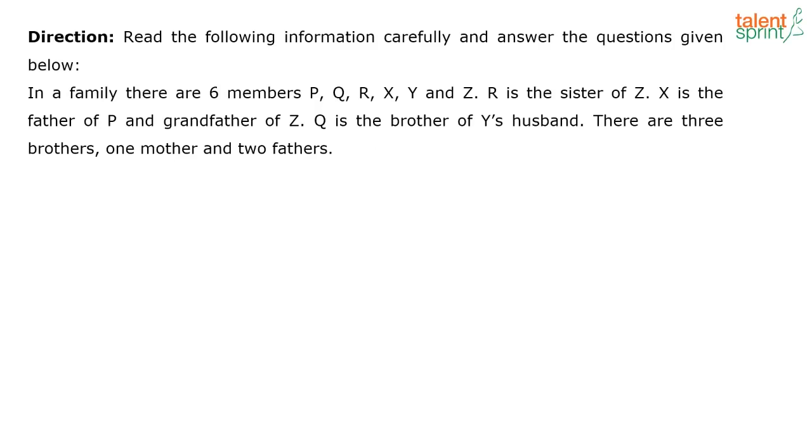What is given here? In a family of 6 members, R is the sister of Z. So R is the sister of Z. So R is a female. Then X is the father of P and grandfather of Z. R is the sister of Z means these two have the same parent. Okay, so these people belong to the 3rd generation.